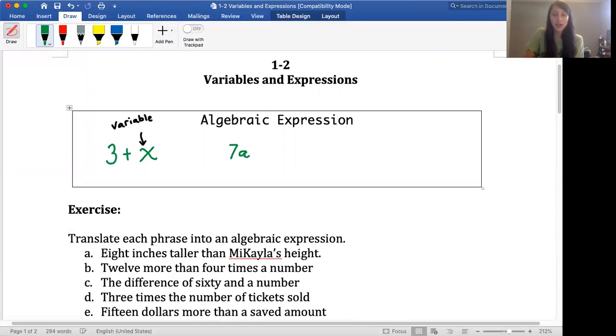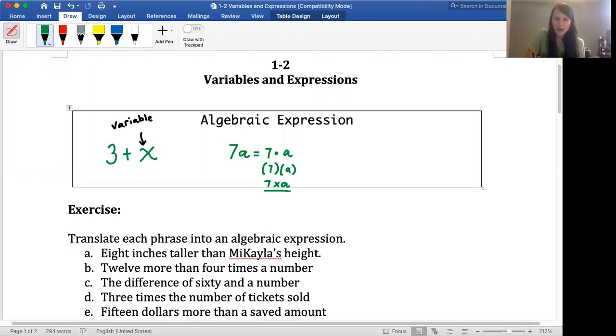Now, 7a, this really means 7 times a. And remember last class we talked about there's so many different ways we could write multiplication. We could use 7 dot a, or 7 with parentheses a, or 7 and then a multiplication sign a.